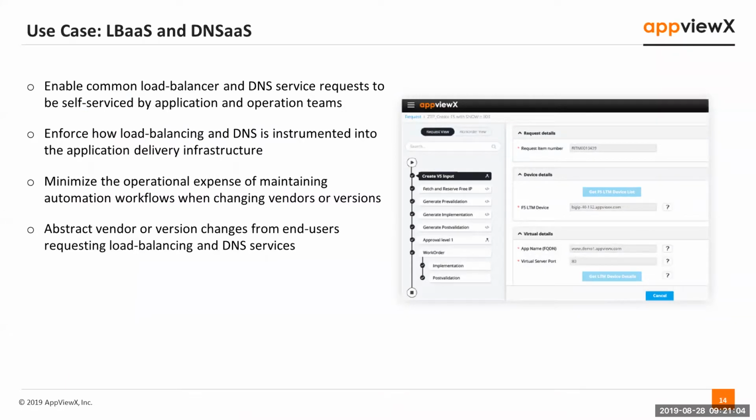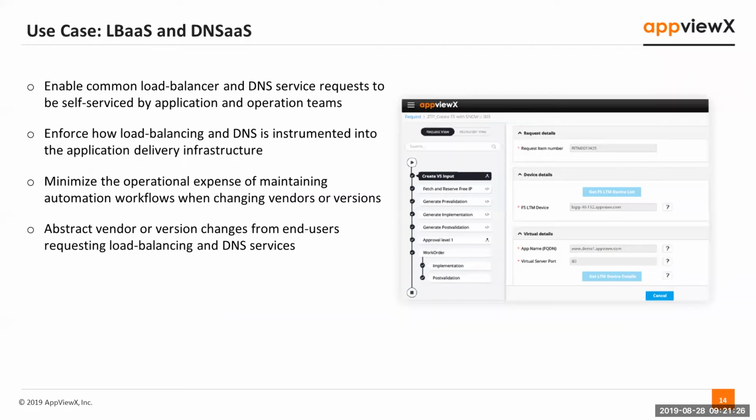So let's look at some use cases. Some of the easiest low-hanging fruit as it relates to deploying automation or beginning to design automation typically are in the spaces of load balancing as a service or DNS as a service.